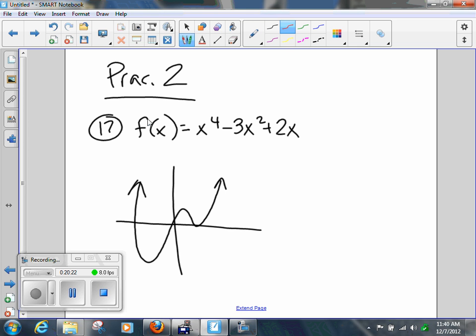-2, 0, and 1, right? Okay. So your zeros are where the graph crosses the x-axis. What are all the different words for zeros? Zeros, solutions, roots, and x-intercepts.